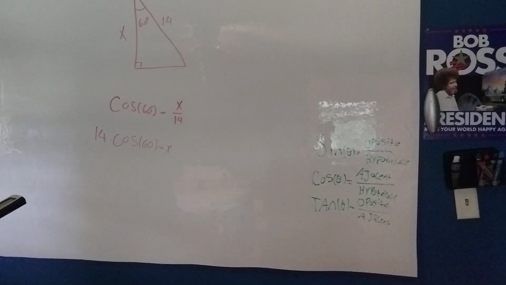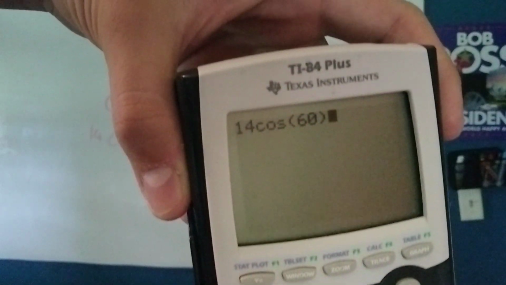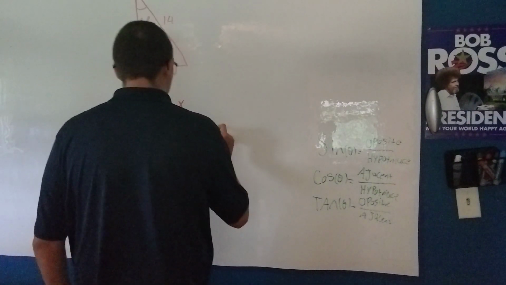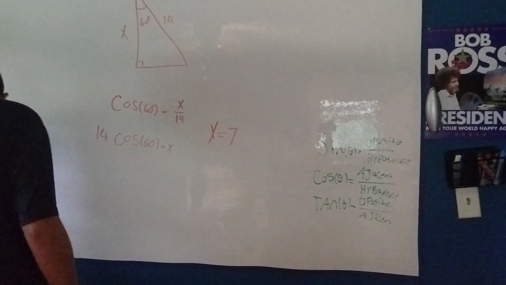We do 14 cosine 60 like that, and press enter, and you get 7. And for that one, you get x equals 7.